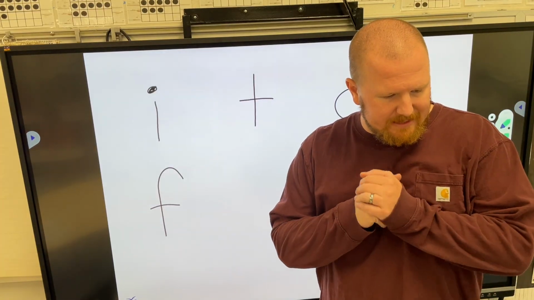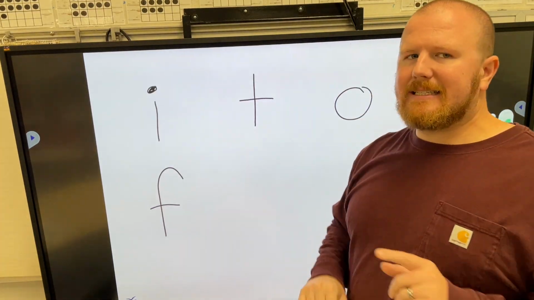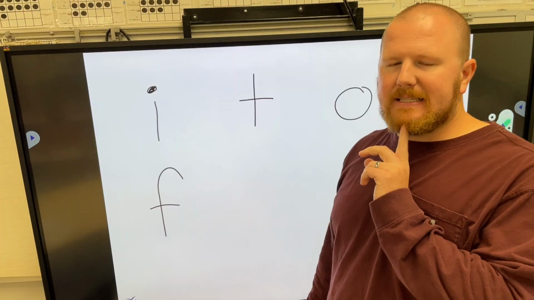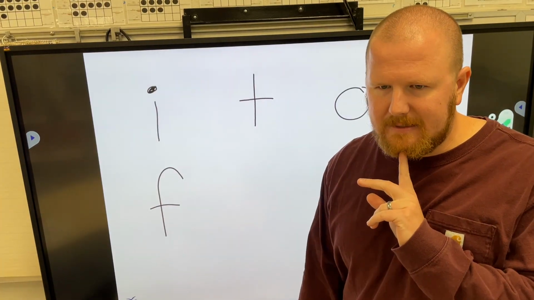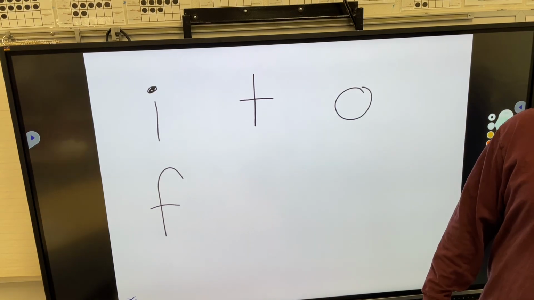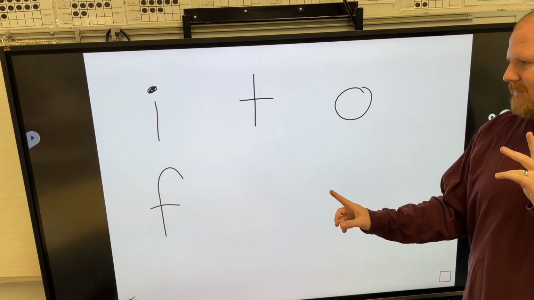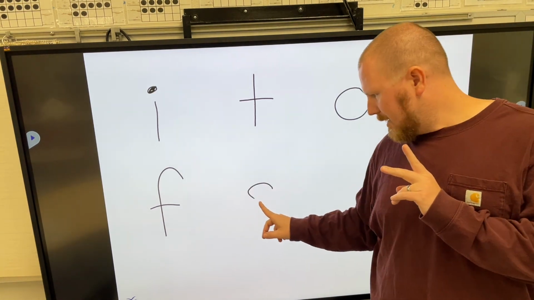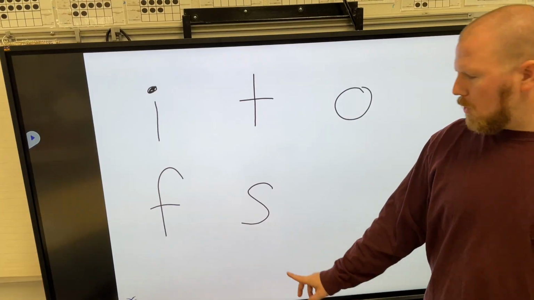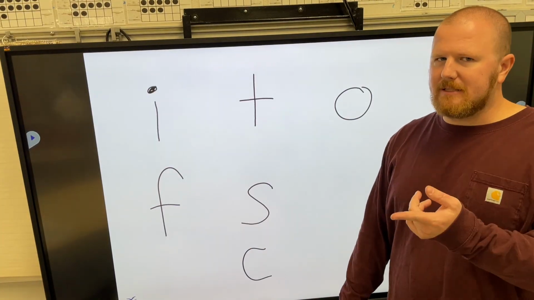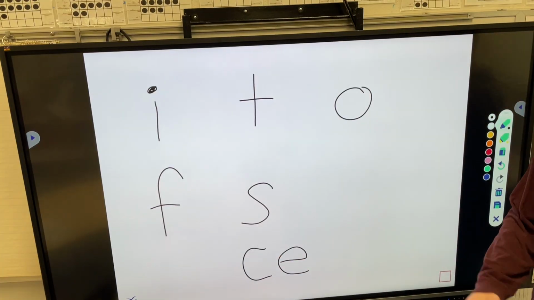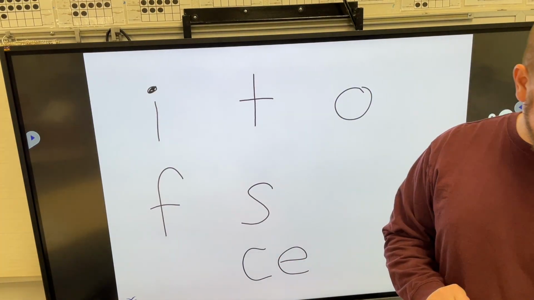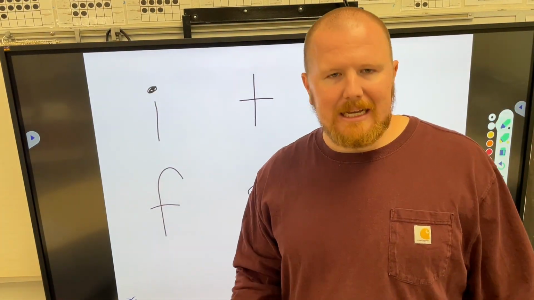All right, let's do 2 more. What letter can say S? So this one, you got to be careful. What says S? Okay, most of my friends wrote S. Some of you might have been like, oh, well, C can say S, but C only says it if there is an E with it. So if you did it that way, that's fine. All right, last one. What can say K?